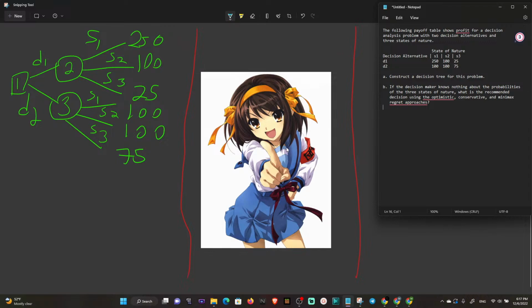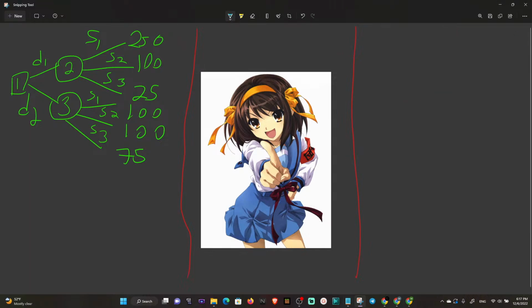Well, that's easy. So let's get this done. B will be the optimistic approach. That'll be decision and max for D1 and D2, which will be 250 and 100.